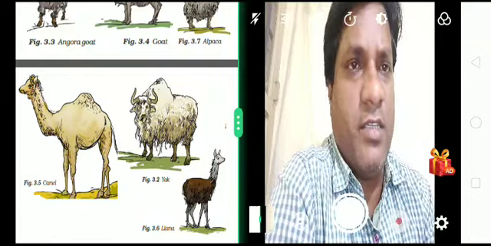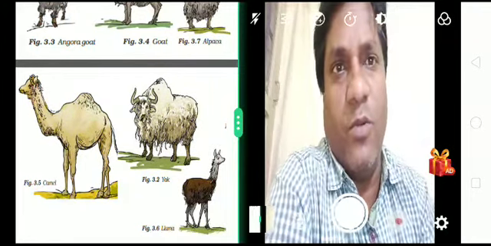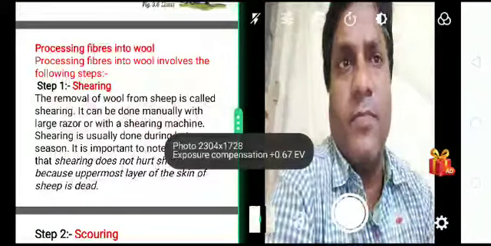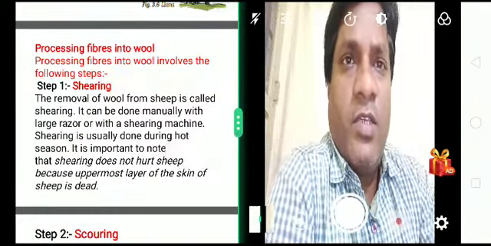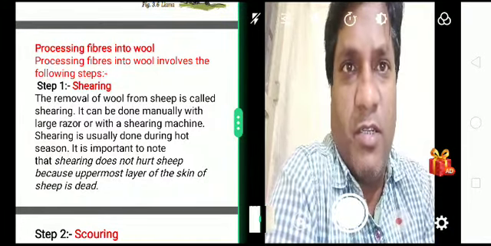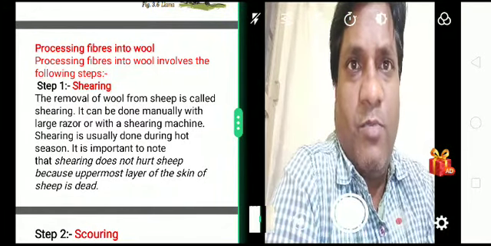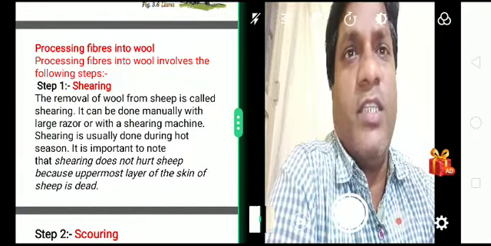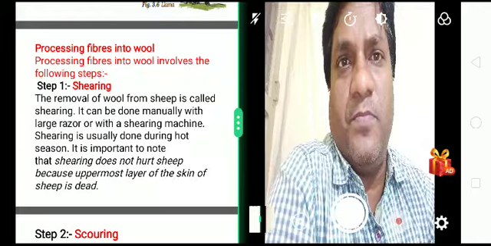These are different types of animals that yield wool. Now, how is the fleece or hair removed from these animals processed into wool? Let us discuss the processing of fibers into wool.